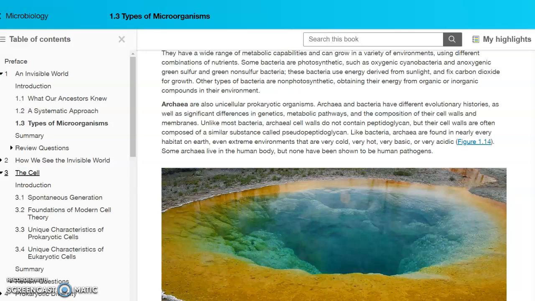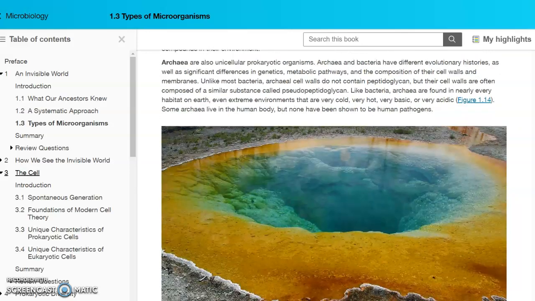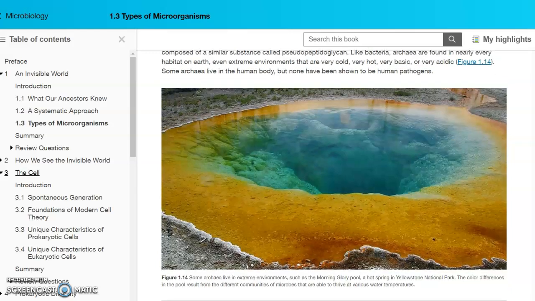Archaea are also found pretty much everywhere on Earth, but they take on the nickname of extremophiles because they live in environments that are extreme, where we don't really find other living organisms. For example, this is a picture here in your book from the Morning Glory Pool at Yellowstone National Park.